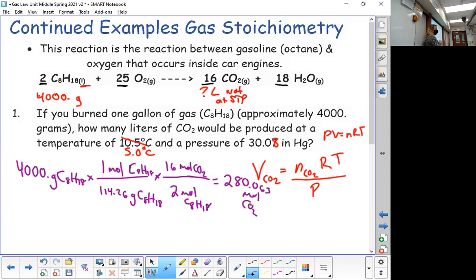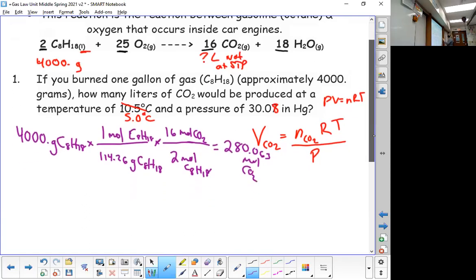So 280 times Avogadro's number. I don't know, seems like a decent amount.